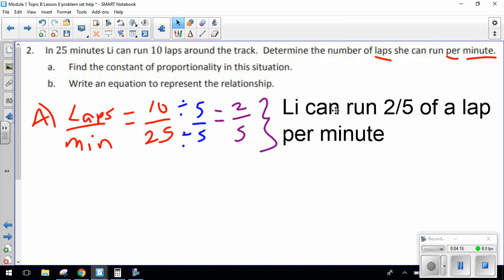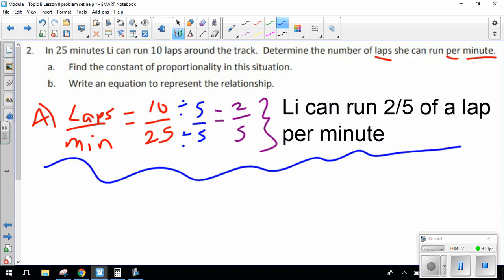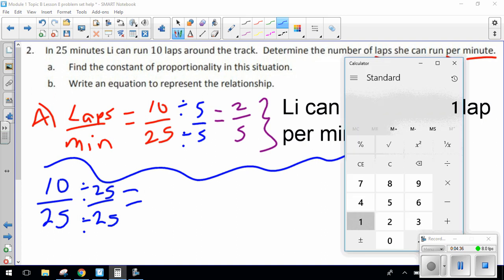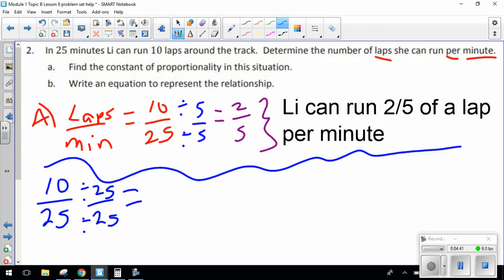Okay, now here's the second way, and some students like this way a little better. Both ways are fine. So we have 10/25, and what students will do is divide the numerator and denominator by 25, because we are finding unit rate. And if you take your calculator, 10 divided by 25, you should get 0.4.